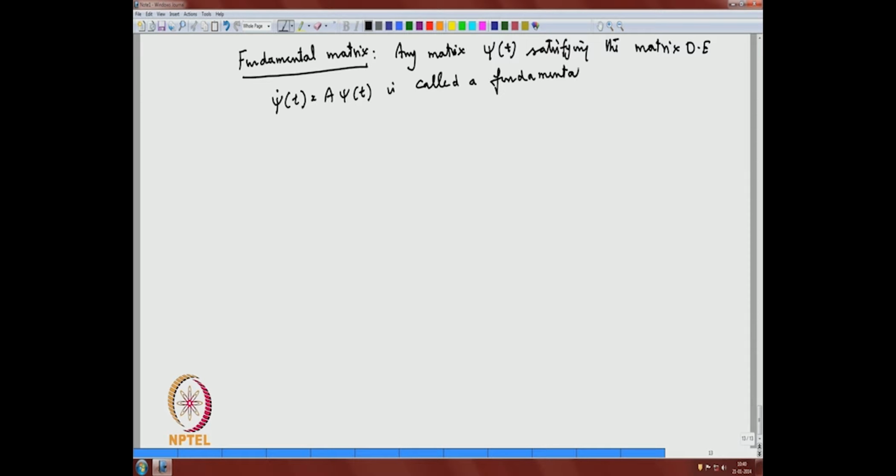So the trivial fundamental matrices are transition matrices. So every transition matrix is a fundamental matrix.